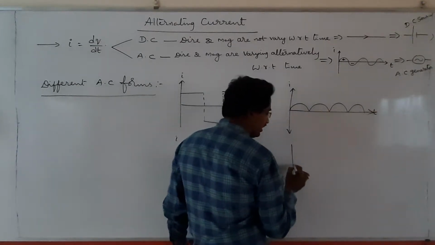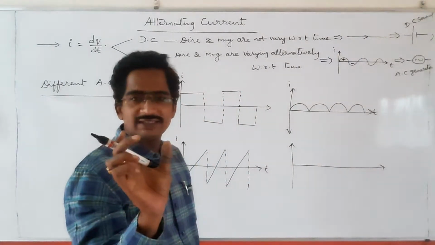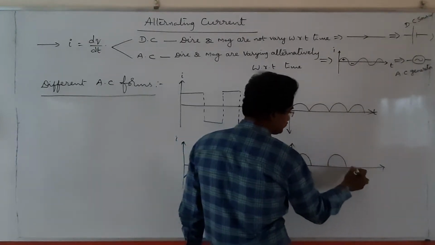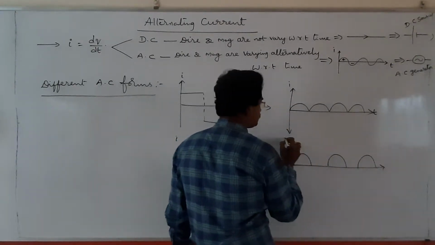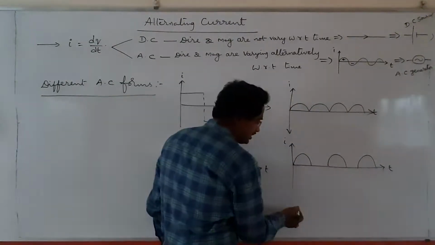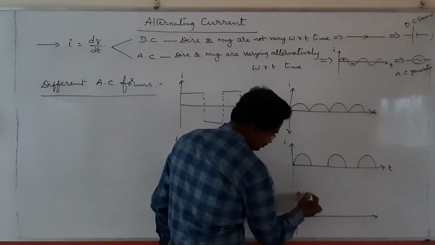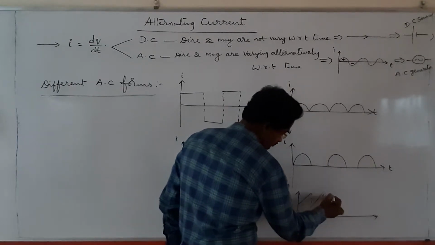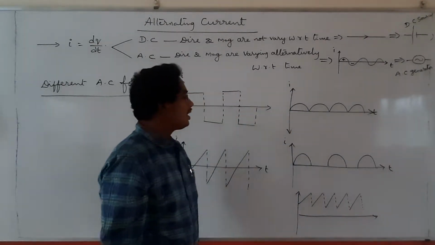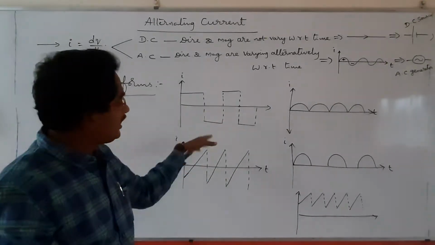You may also represent it with a half cycle AC. That means only half of the cycle is present in this AC, like this. That is one waveform, and another one is like this. Like that, alternating current is represented with different forms. These are all alternating currents.